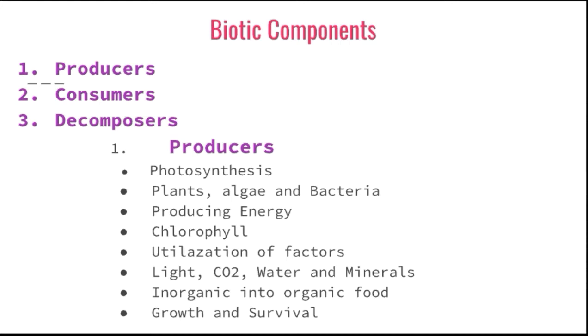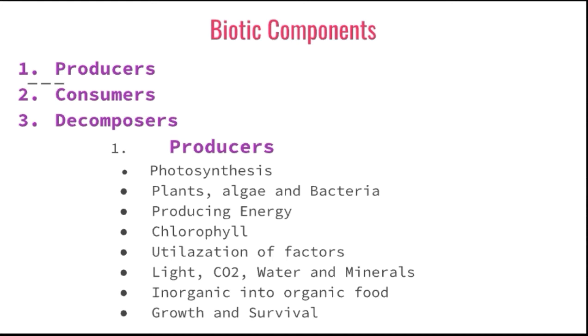For example, plants, algae, and bacteria. Some cyanobacteria contain the chlorophyll pigment, and they prepare their own food material with the help of that chlorophyll pigment. That particular pigment is helpful for the preparation of their own food material. That is the producer.